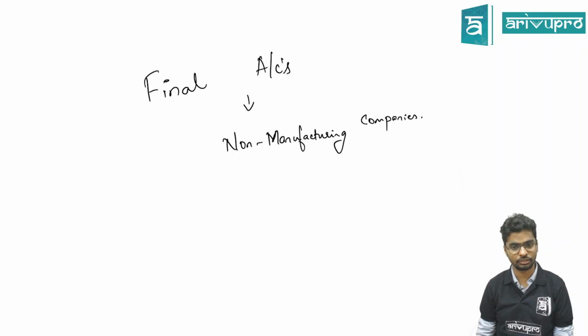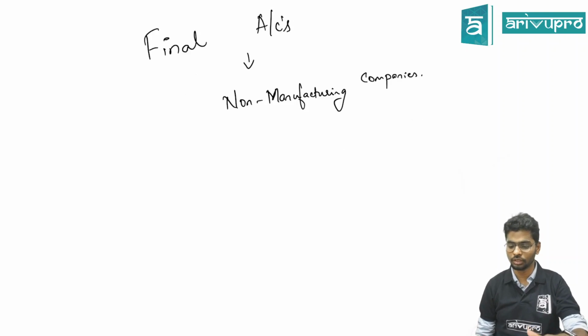Are you clear? Now, I want you to understand a few things in the trial balance, and understand how it works in the profit and loss account and balance sheet.